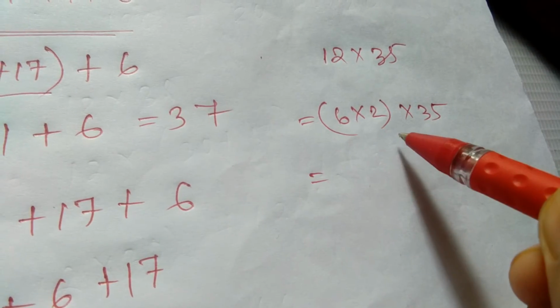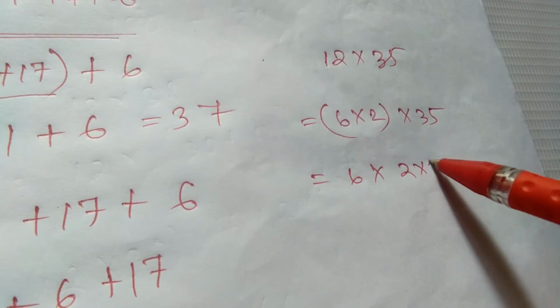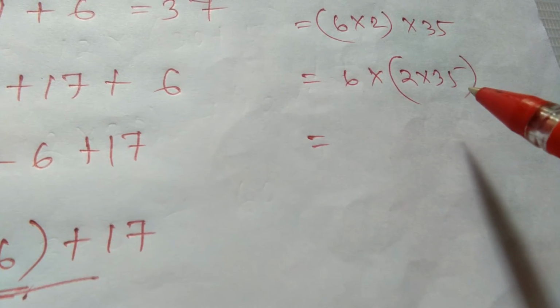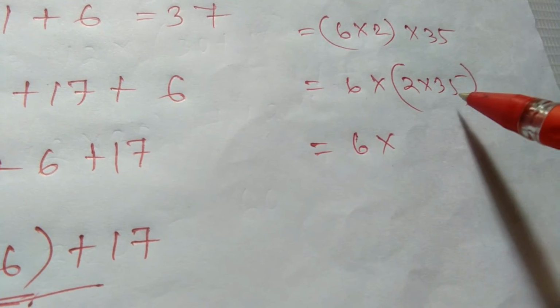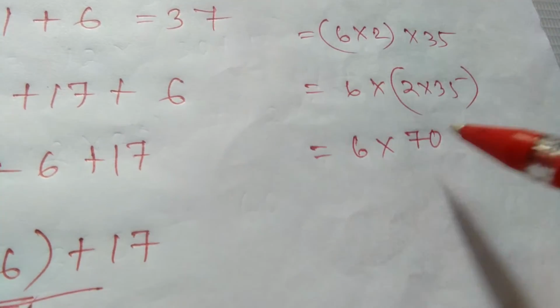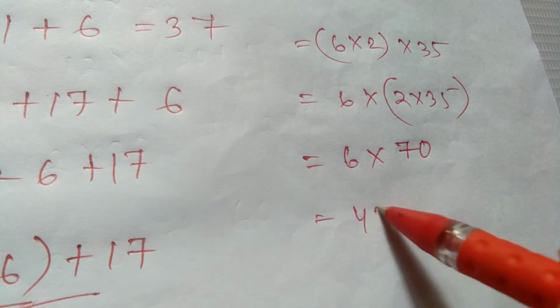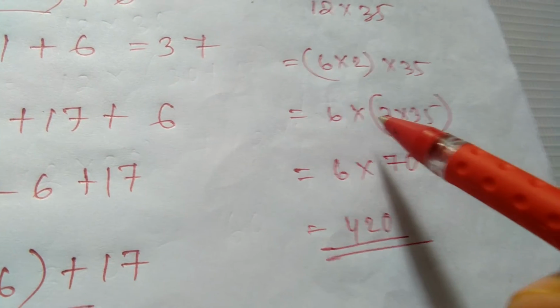Now I can change the bracket. 6 into 2 into 35, and now I can give the bracket here, because if we do 2 into 35, then we can do it easily. So 2 into 35 is 70. So 6 70s, 6 7s are 42, 0. That is our answer. So like that also we can do.